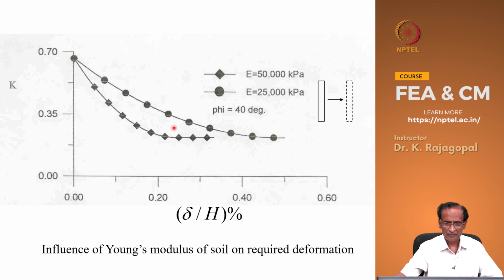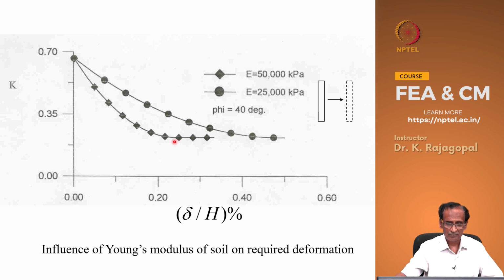And so for Young's modulus of 25,000, you need more deformation, whereas with the Young's modulus of 50,000 you need a lesser deformation, and our phi is 40 degrees.